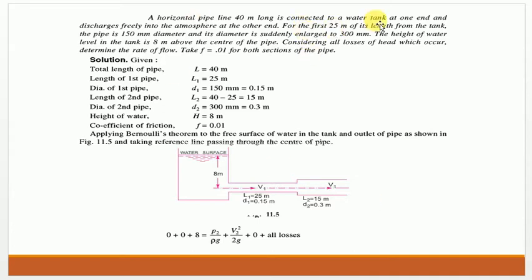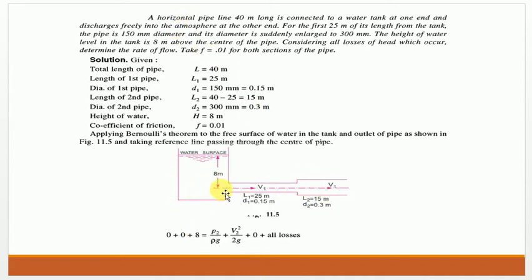For the first 25 meters of its length from the tank, the pipe is 150 mm in diameter, and then its diameter is suddenly enlarged to 300 mm. The height of the water level in the tank is 8 meters above the center of the pipe, that is, from the axis of the pipe, since it's a horizontal pipeline.